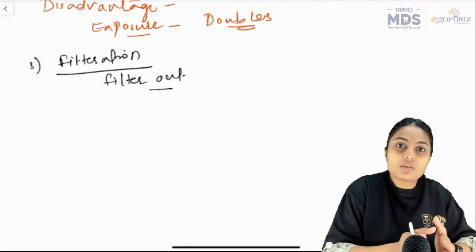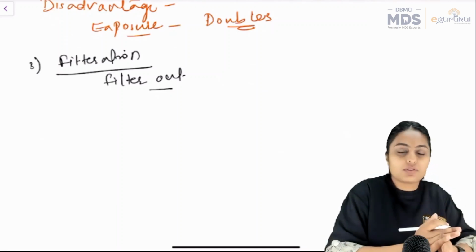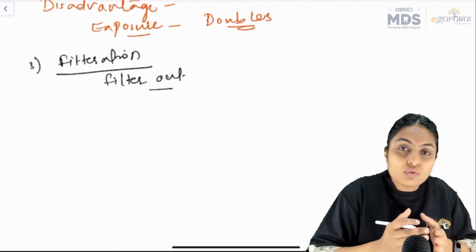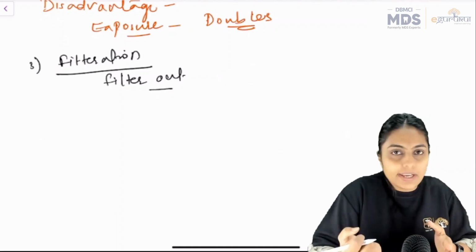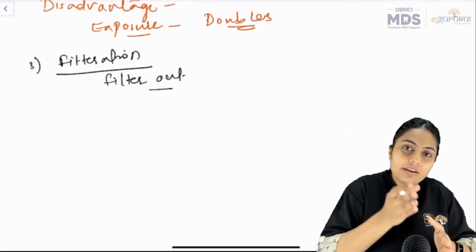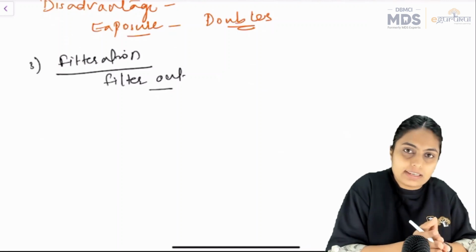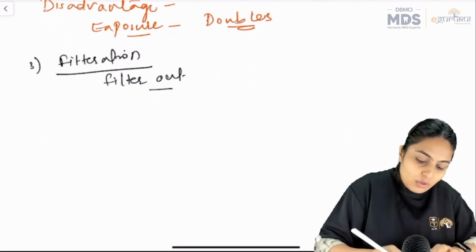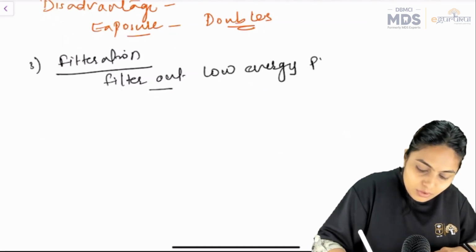Now what is the use of this filtration? There are low energy photons and high energy photons both. We just want high energy photons to come out of the X-ray tube. This filtration will restrict the low energy photons that are trying to come out with the X-ray.